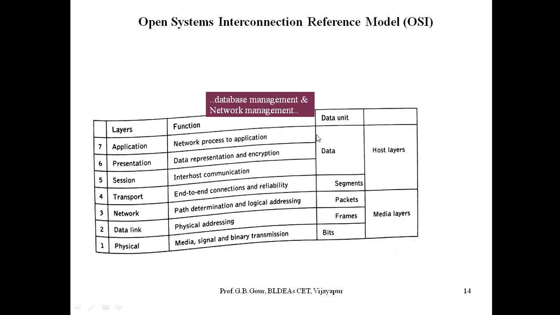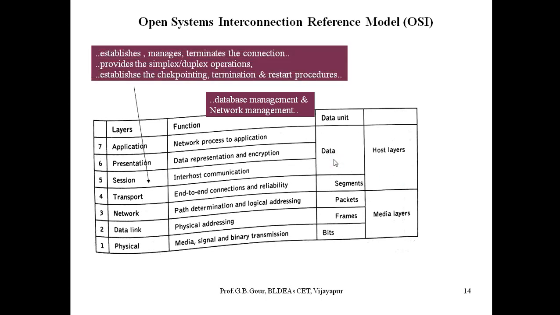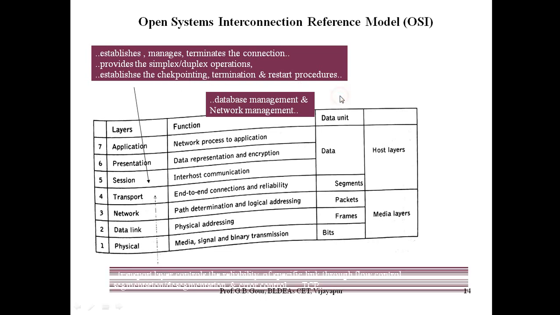The top three layers are mainly concerned with the data units. Mainly the session layer is going to establish, manage, and terminate the connection. That is the main responsibility. That's what is known as inter-host communication, which is mainly responsible for providing the host communication layer. Along with that, it also provides simplex or duplex operations for the connection, establishes the checkpointing, termination and restart procedures.